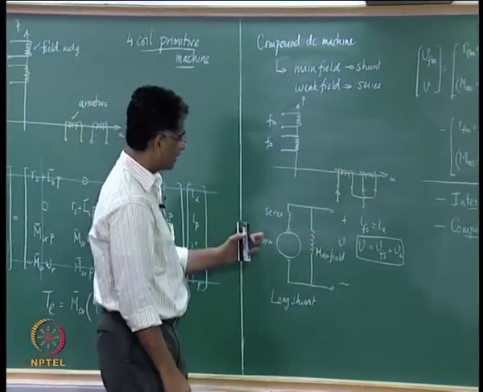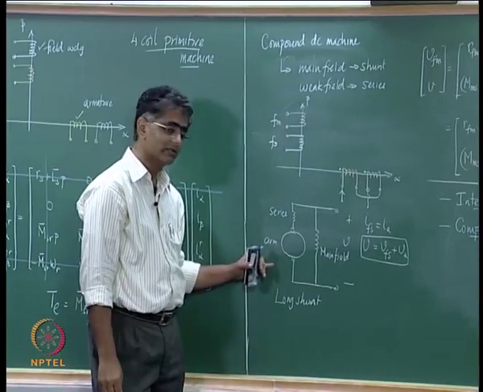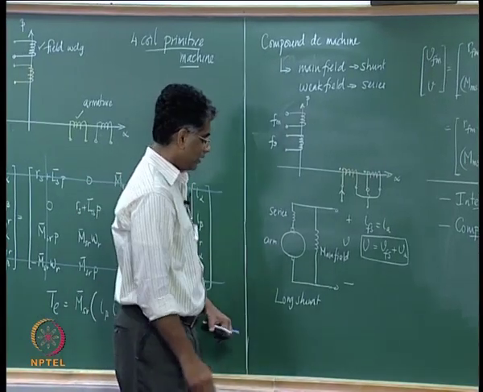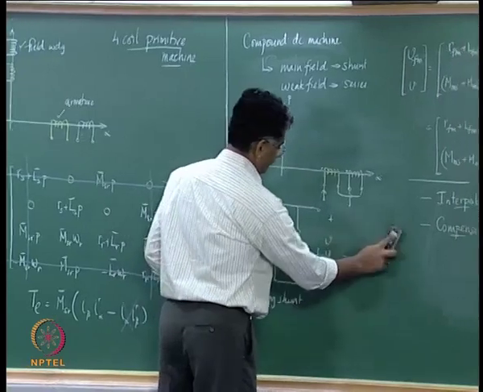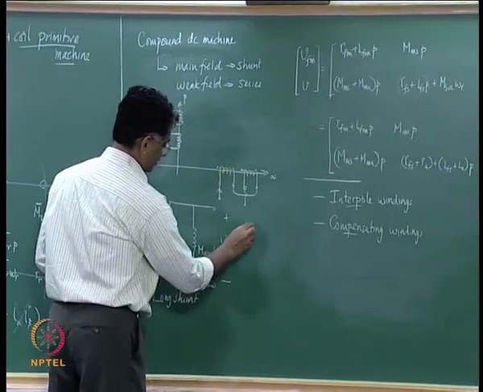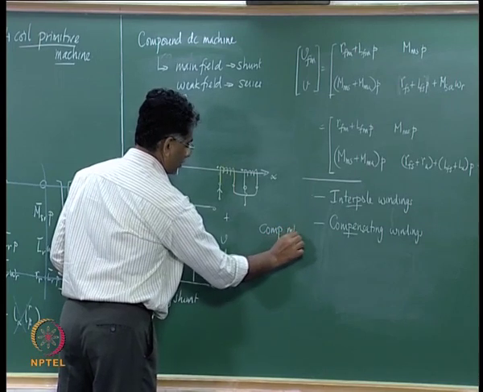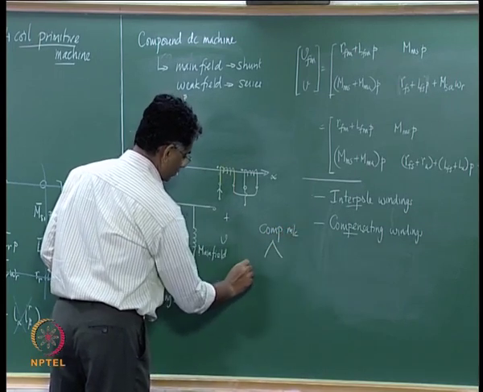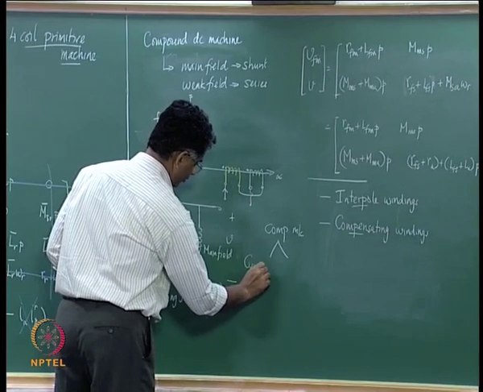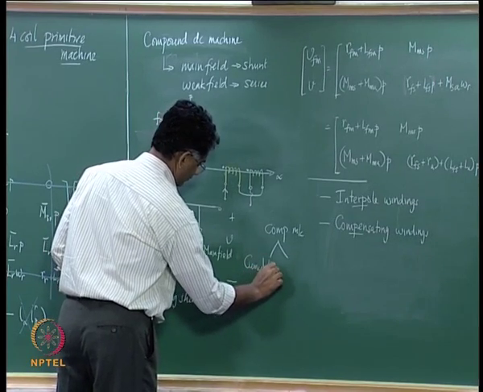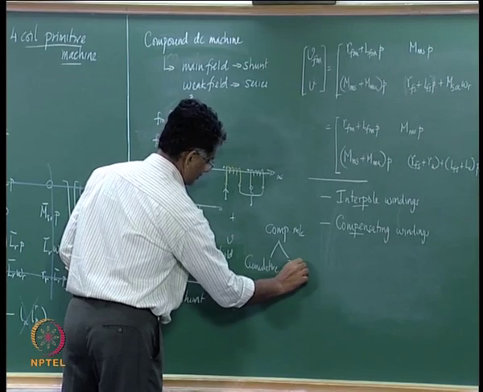Now, a similar arrangement occurs in this case also. In the case of these machines, in the case of compound machines, you have two varieties. One is called cumulative compounding, another is the differential compounding.